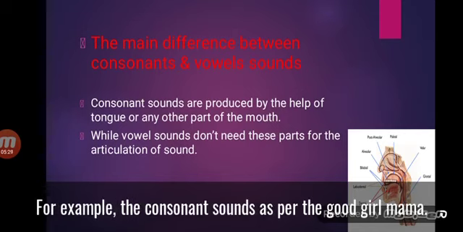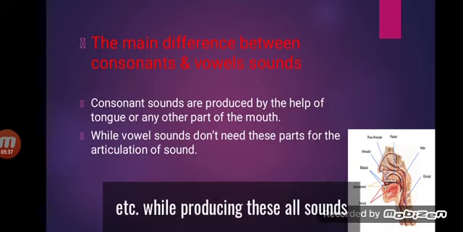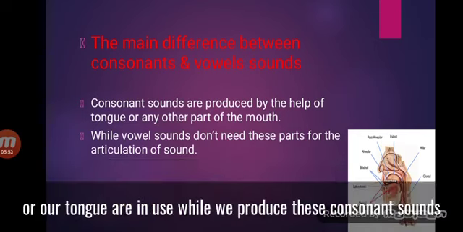For example, the consonant sounds p, b, t, d, k, g, m, n, v, ng, etc. While producing all these consonant speech sounds, we can observe that our lips, our teeth, or our tongue are in use.